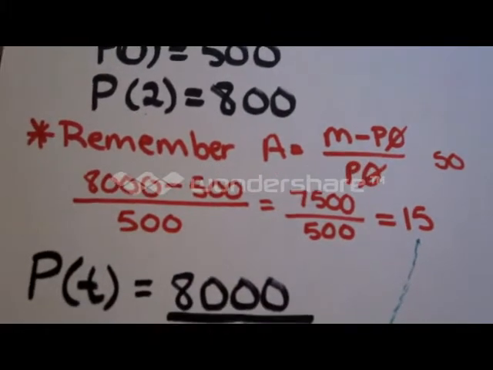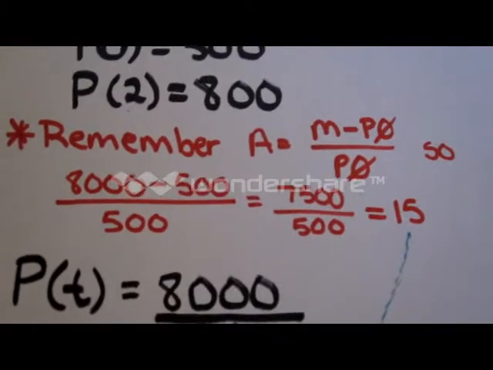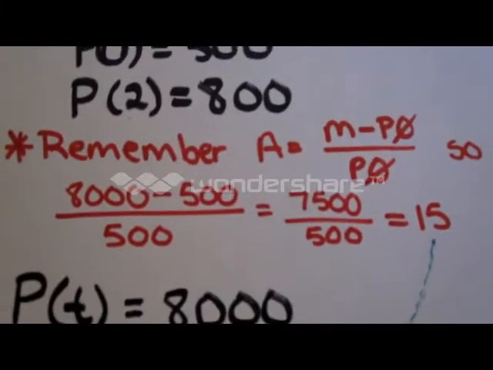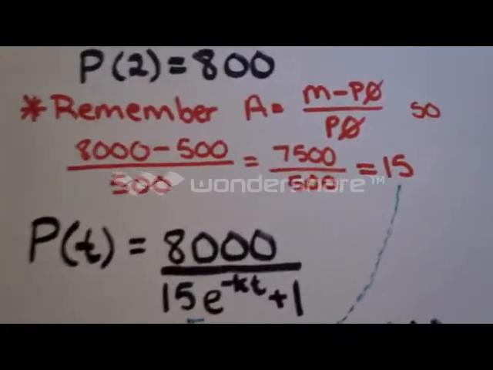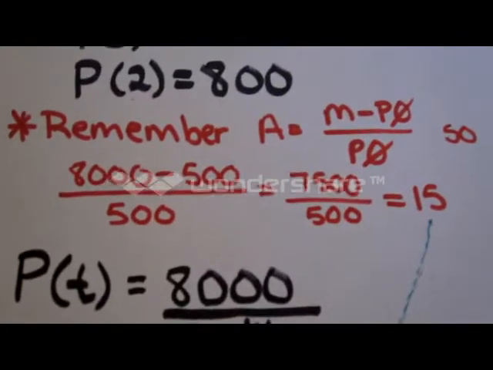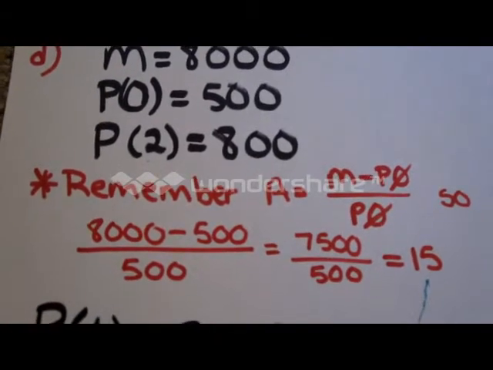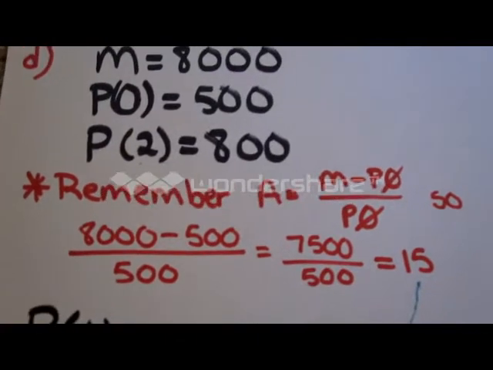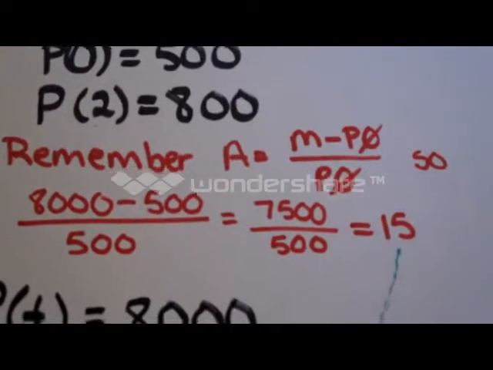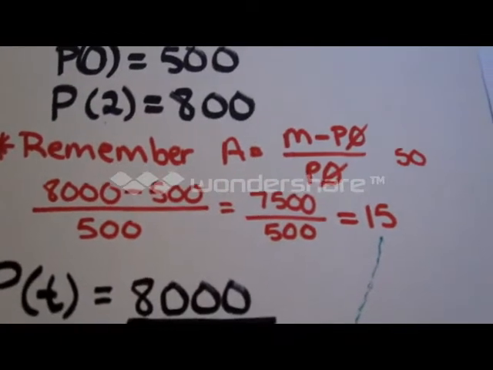So remember that we did 1 over c equals (M minus P0) over P0, and we let 1 over c equal A. So here's A, and we plug in the carrying capacity M, so that's 8,000, minus 500, which is the population size at time 0, which is P0, and you get 7,500 over 500 equals 15.